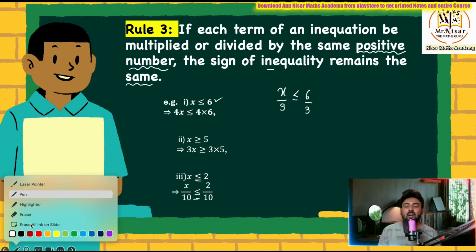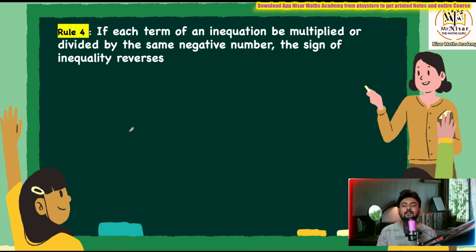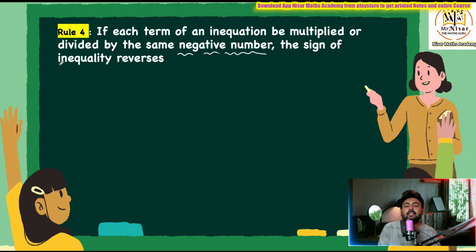Let's go ahead to understand rule number 4. So let's have rule number 4 on the screen. If each term of an inequation is multiplied or divided by the same negative number. Now this is something very interesting. In rule number 3, it was a positive number. In rule number 4, it is the same negative number. So if we divide by the same negative number, the sign of inequality reverses.